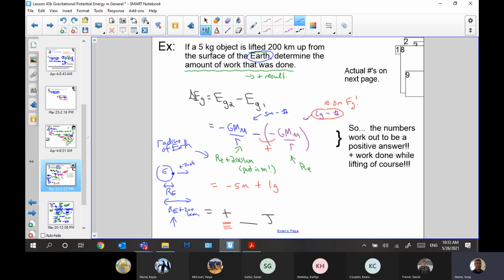I have to be careful with my numbers there, because this RE value, of course, is 6.38. I always get those ones mixed up a little bit. But again, you just look these up on page 774, I think it is. 6.38 times 10 to the 6 meters.